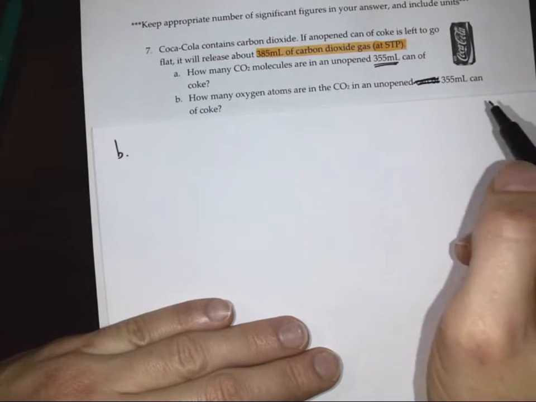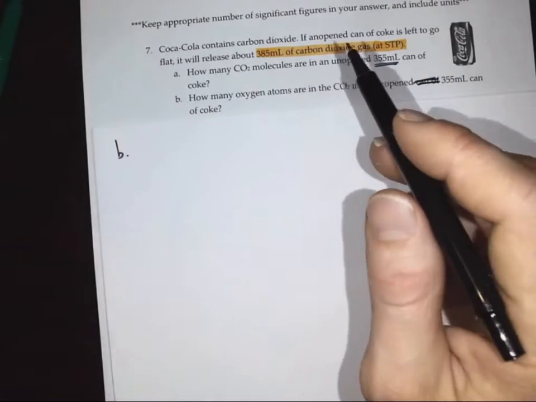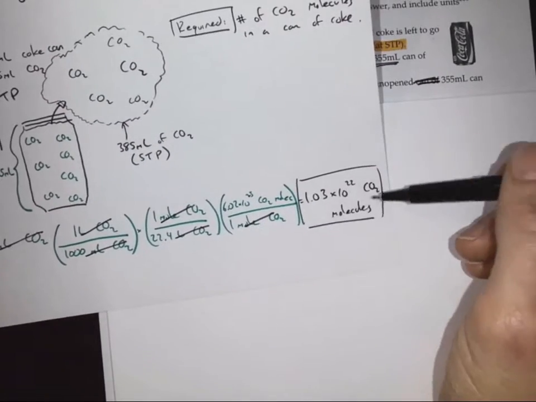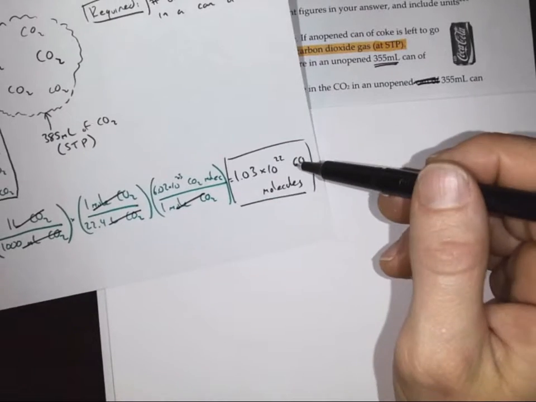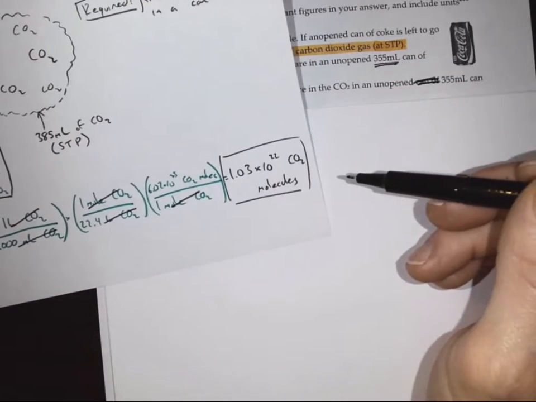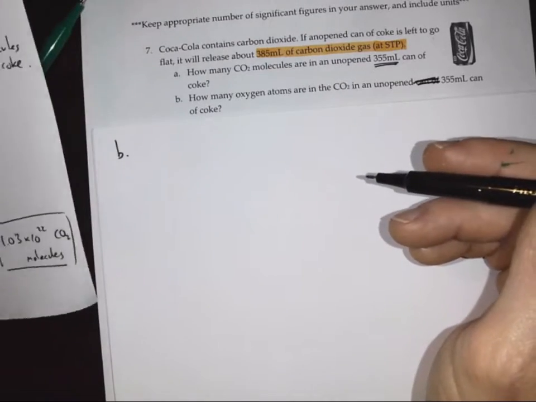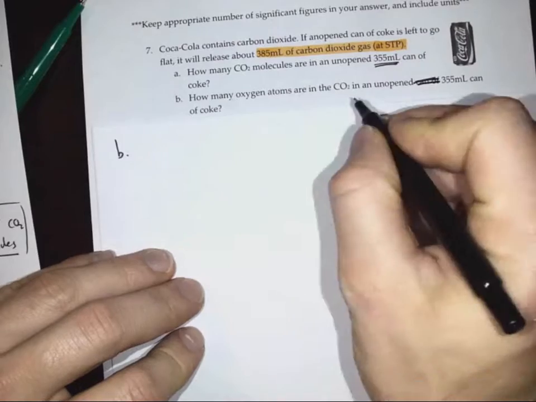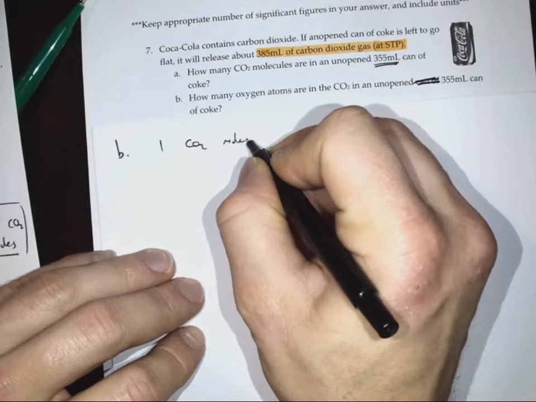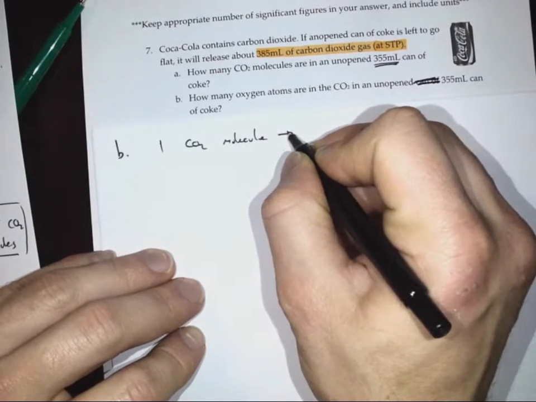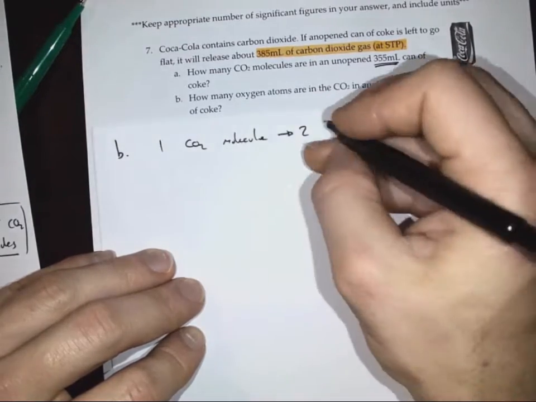Okay. Well, to do that, looks like we've done most of the hard work already. We know the number of molecules, and we know there's 2 oxygen atoms in every 1 carbon dioxide, right? So I could just take this value that I found, and because I know that for every 1 CO2 molecule, that's 2 oxygen atoms.